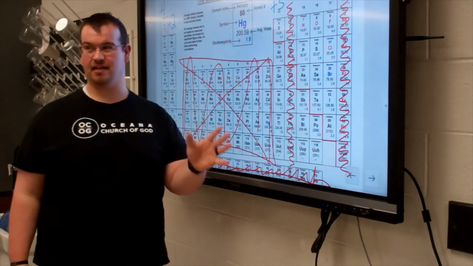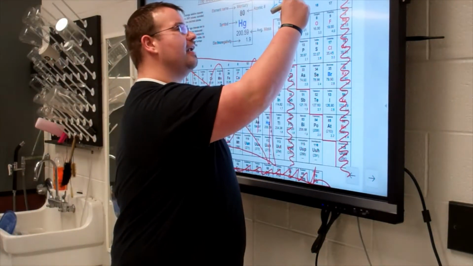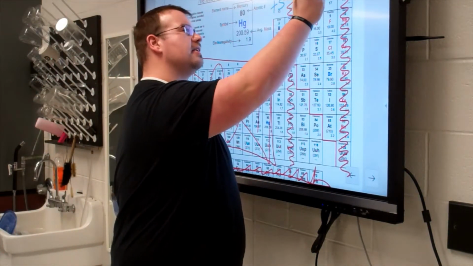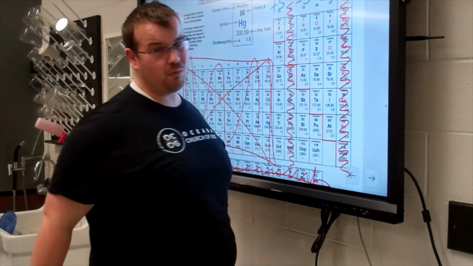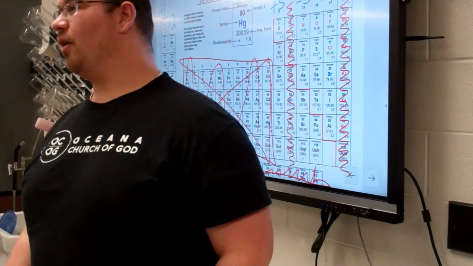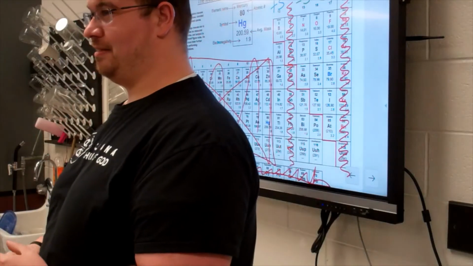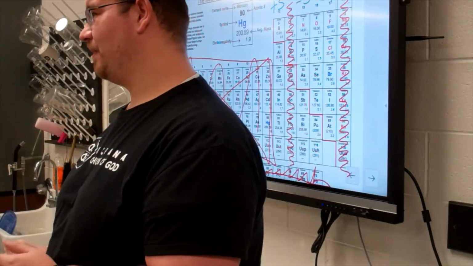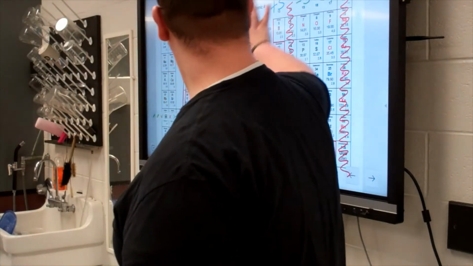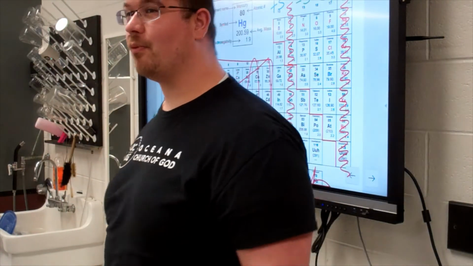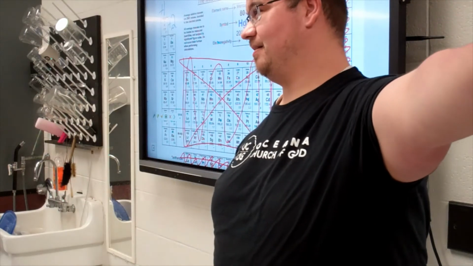Column 15 has a charge of negative 3. 16 has a charge of negative 2. 17 has a charge of negative 1. Are there any questions on that? If you don't know this, I promise you, you will bomb that.